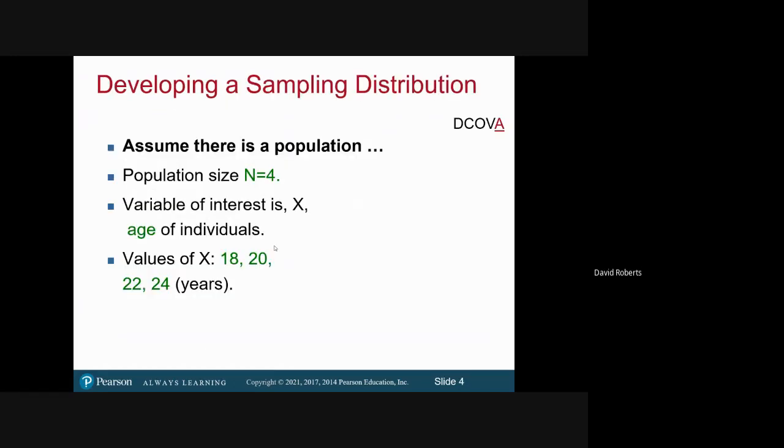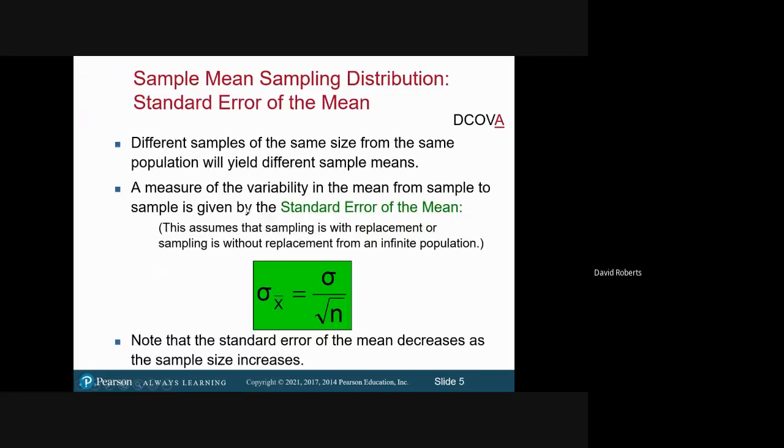So in this particular case, we have 4 as our population, and we have a sample of the values here, or so 18, 20, 22, and 24. And in this particular case, we have the standard deviation, which is also known as the standard error of the mean.